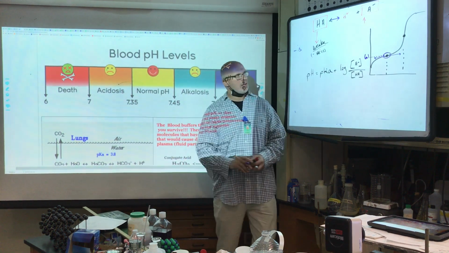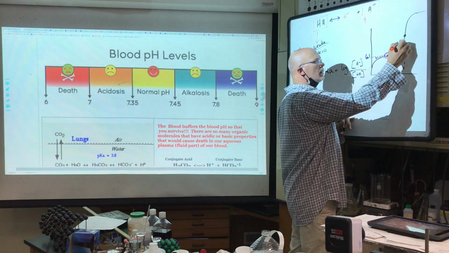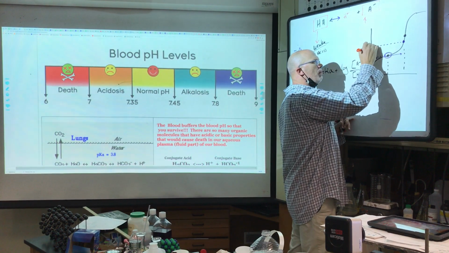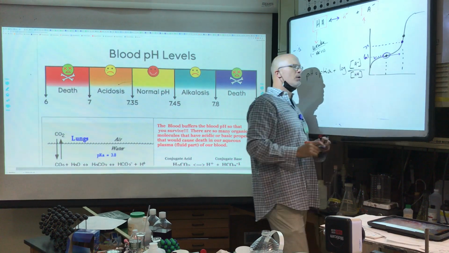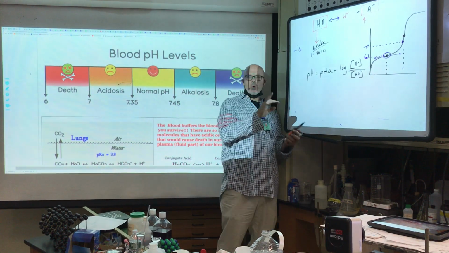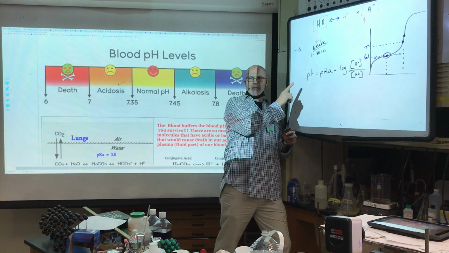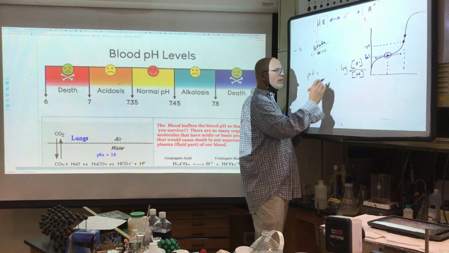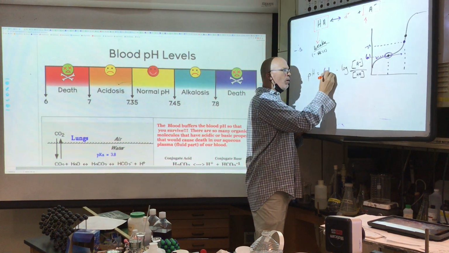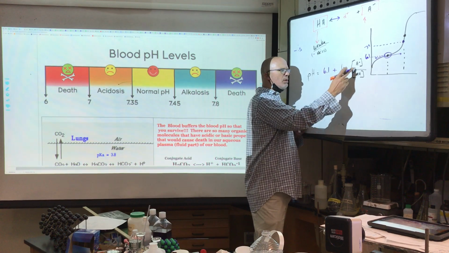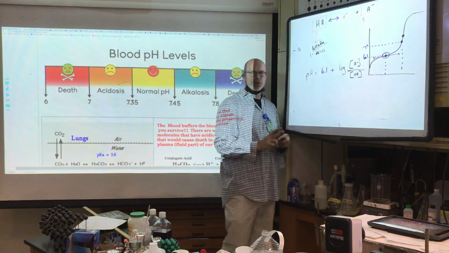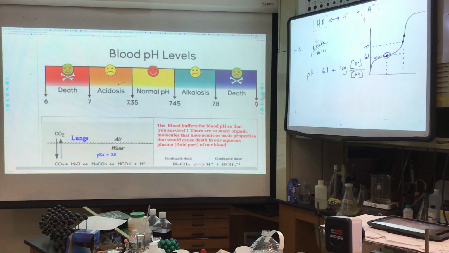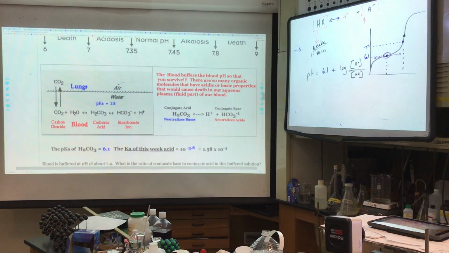Whoa. We need to buffer it like right around here, 7.4-ish, which means who needs to be in greater quantity? Look at this formula. pH equals the pKa. The pKa is what? 6.1. Who's the conjugate base? HCO3 negative, correct?